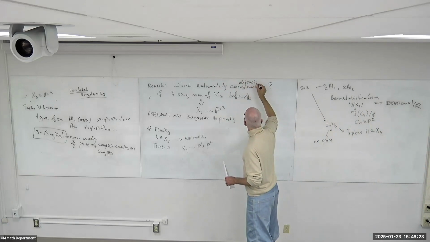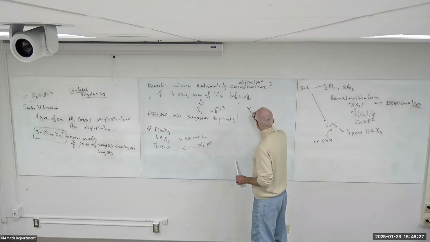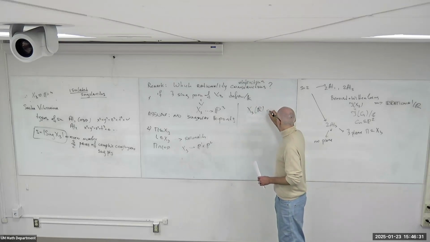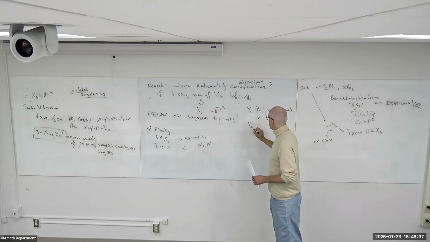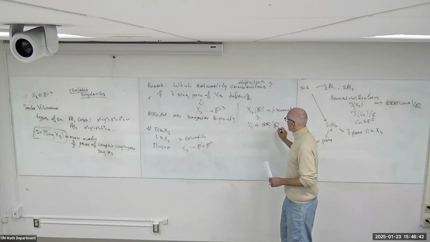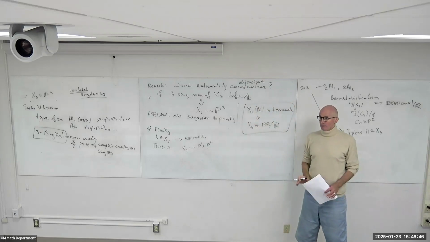Obstructions to rationality. One obstruction to rationality: if you have a real locus, if it's disconnected, this implies irrationality over R. This is a very nice obstruction, which is very easy to check.